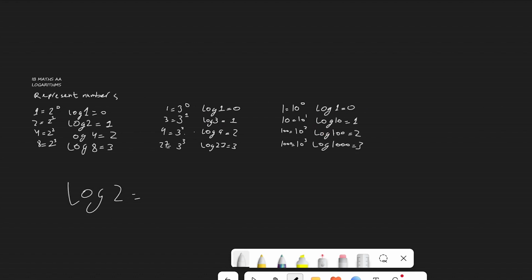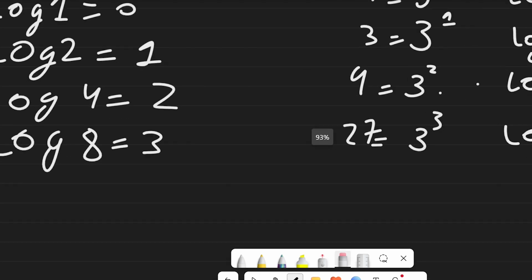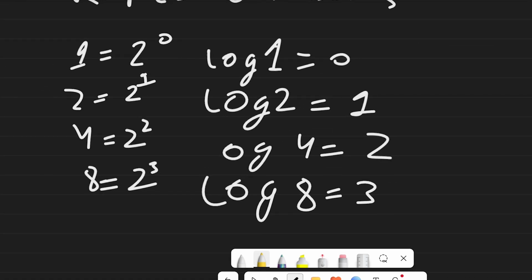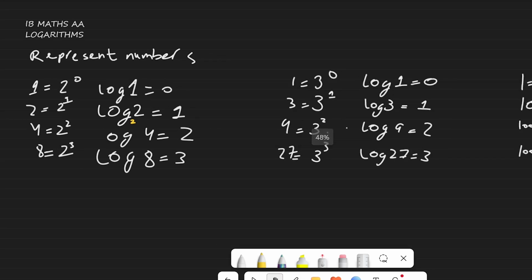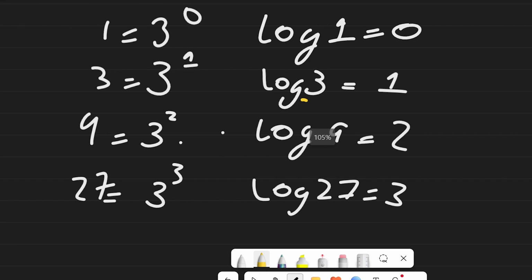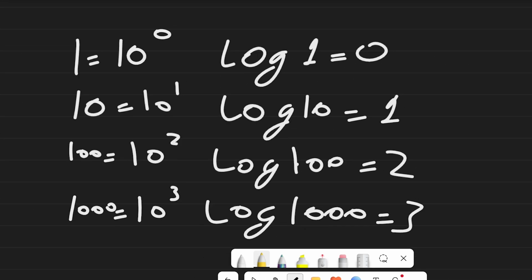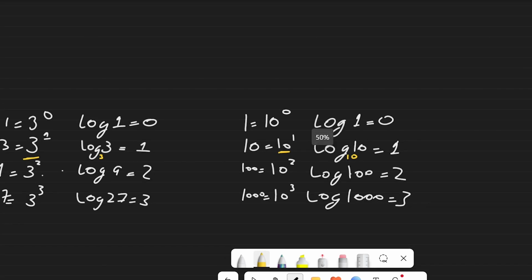So what do we do to differentiate these things? We just insert a base, that is this 2. Over here we will put a 3, because the 3 is the base over here. And over here we'll put a 10, because the 10 is the base over here. That way we can differentiate, and now it would read as log of 2 to the base 2.